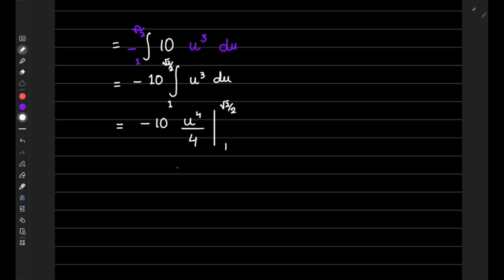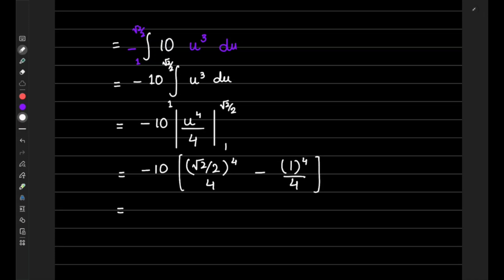Now let's apply the limits. First the upper limit: root 2 over 2 to the power 4 over 4, minus 1 to the power 4 over 4. You can now directly calculate it further. You can also take this 4 outside, which makes simplification easier because it's just a constant number.